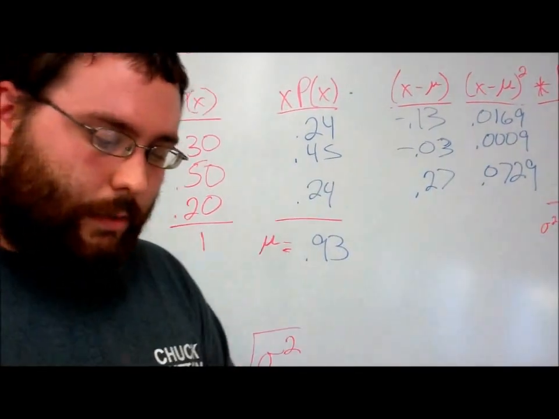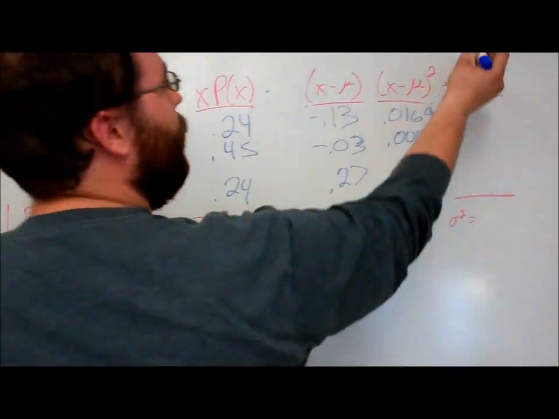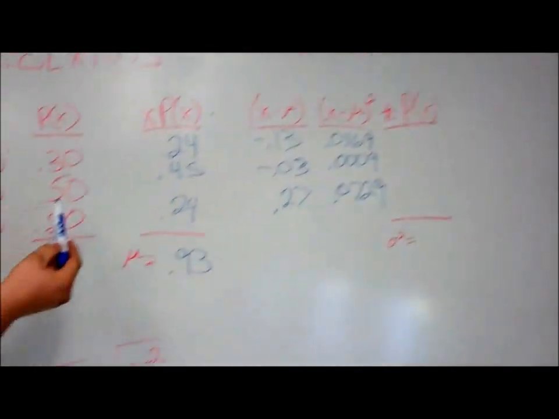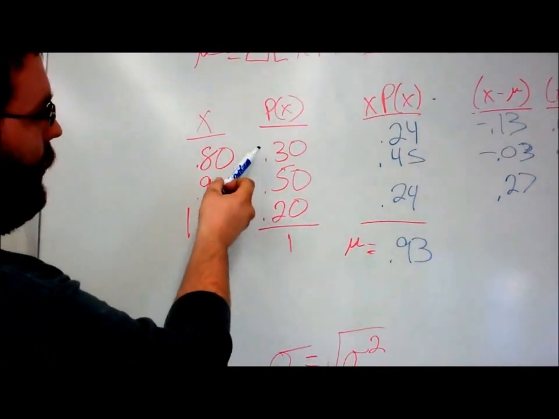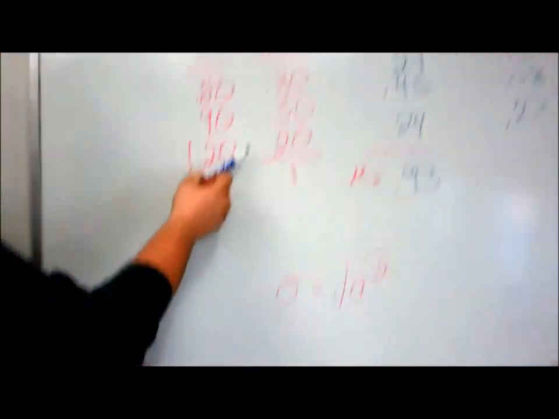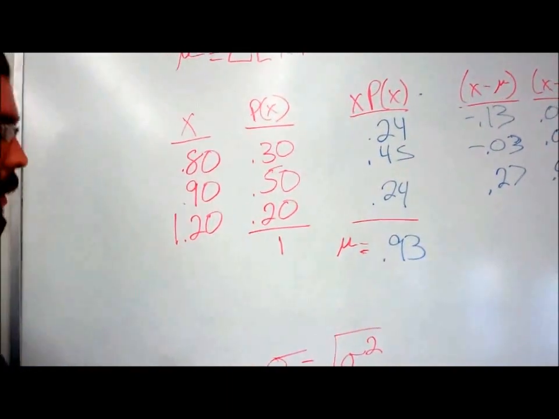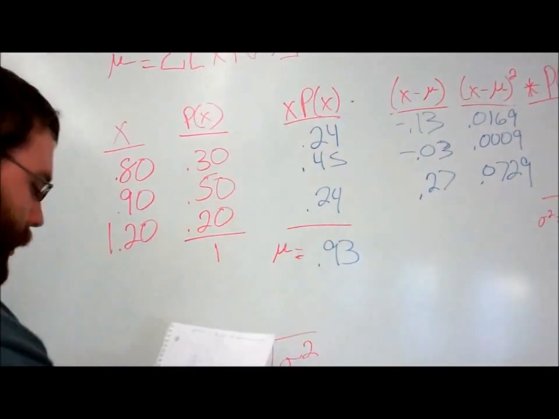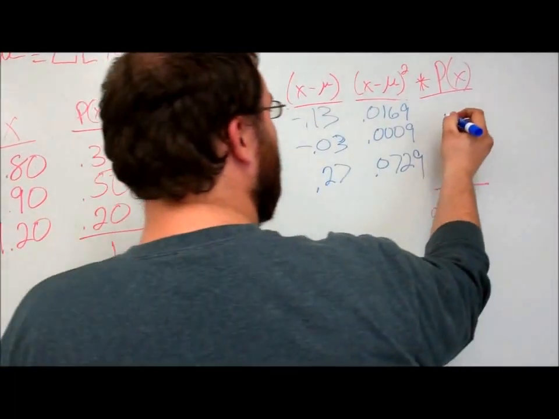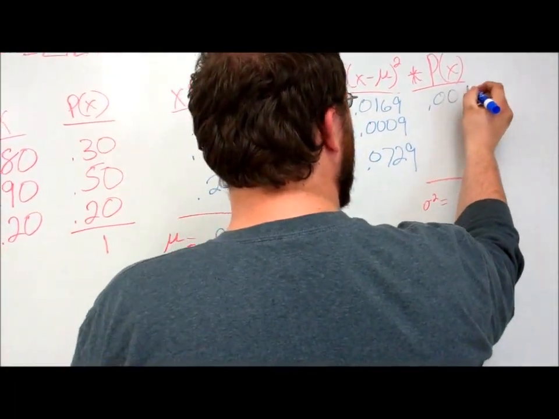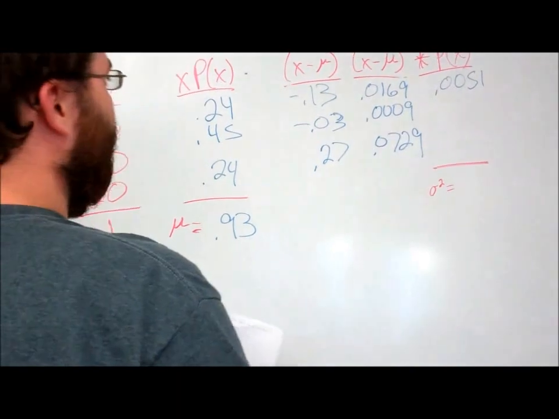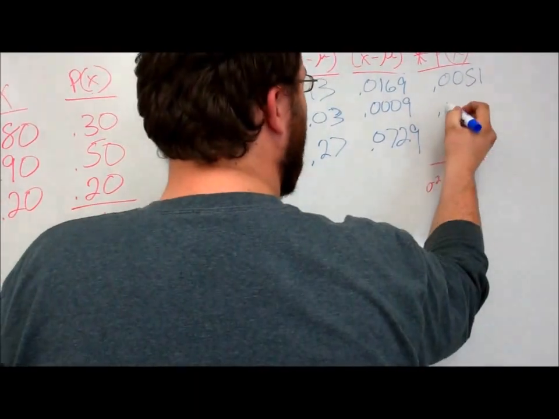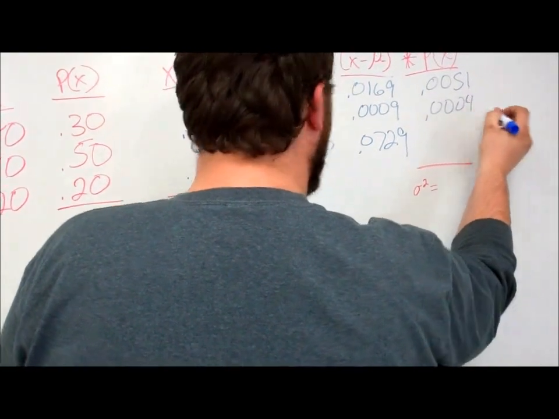Now, all that we have left to do is this little part. Multiply it by p of x, which we go back here, and as we can see, the p of x we already have listed. So we just did this times this, which equals 0.0051, and then this times this, which equals 0.0004.